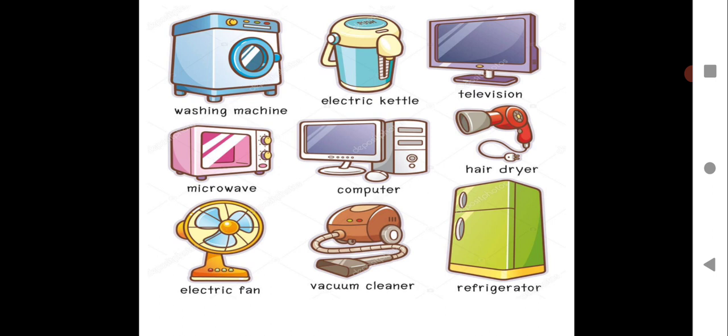Write: electrical appliances work on electricity. So washing machine, electric kettle, you can add more to the list. You should be knowing many more electrical appliances.